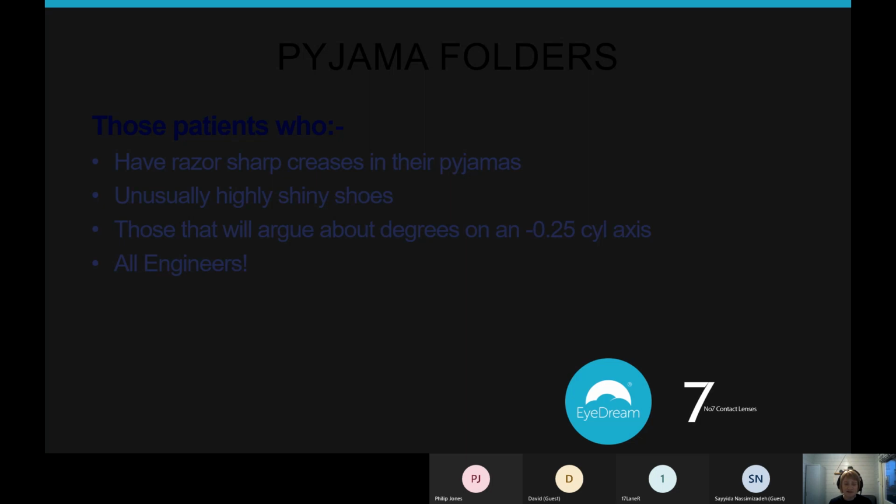My parents conducted a fantastic genetic experiment by being, well, my mum is plus 6.50 and my dad is minus 7. So they conducted a genetic experiment by having 4 children, and we are all between about plano and about minus 1. So their experiment worked really well. But my dad, the myope, is that super fussy pajama folder. Refracting him is an absolute nightmare.